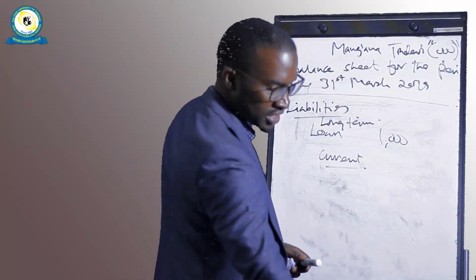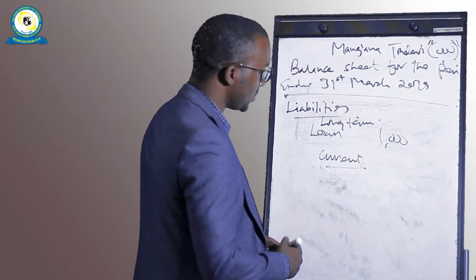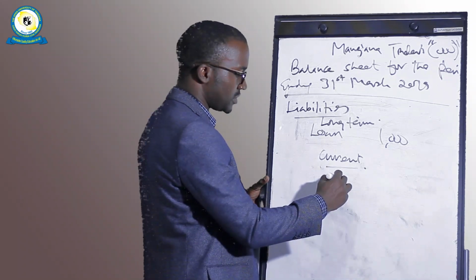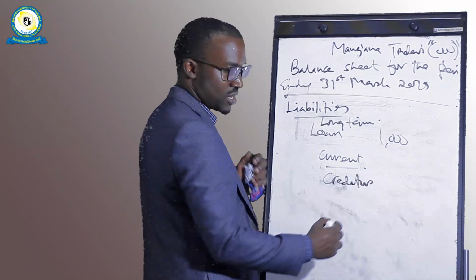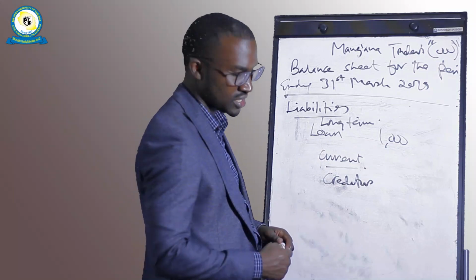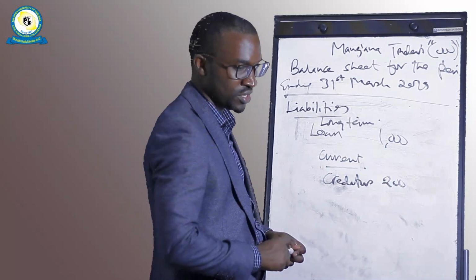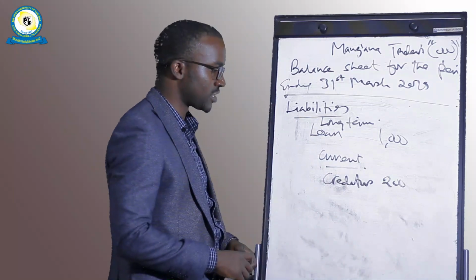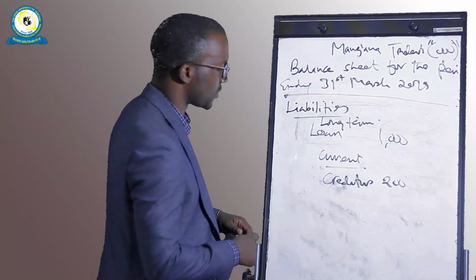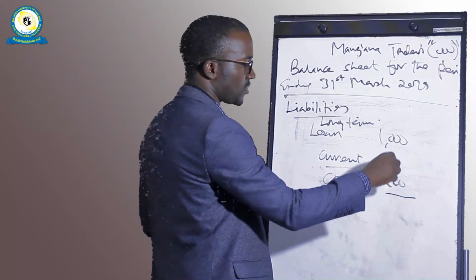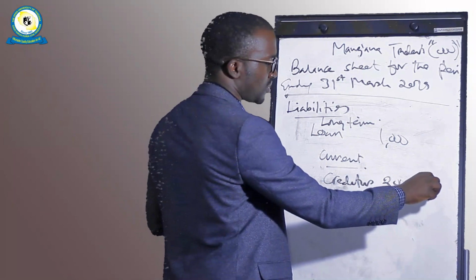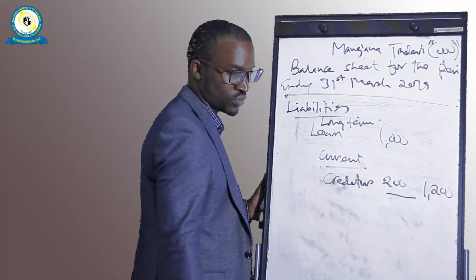For current liabilities, we have one element: creditors. How much was the figure of creditors? That was 200, sorry, not 2,000. The figure for creditors was 200. So the total of the liabilities is 1,000 plus 200, which is 1,200.